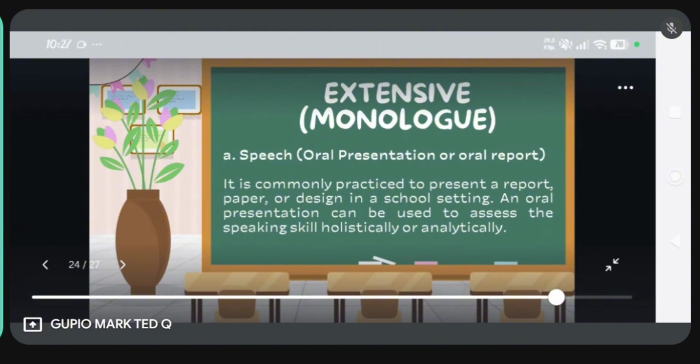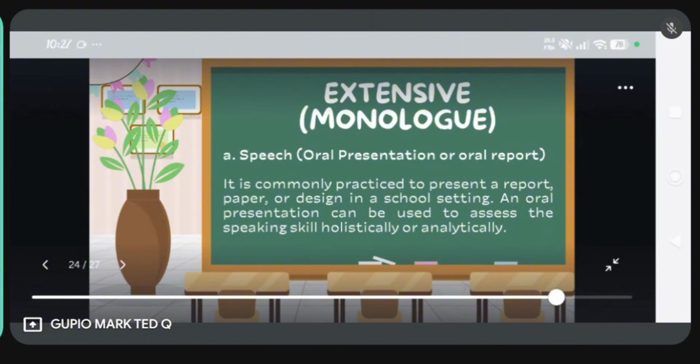First, speech, oral presentation, or oral report. It's commonly practiced to present a report or paper in school settings, and oral presentation can be used to assess speaking skills holistically and analytically.